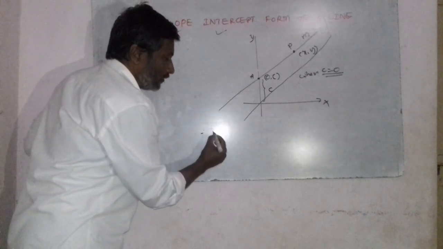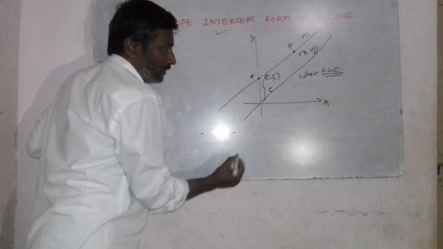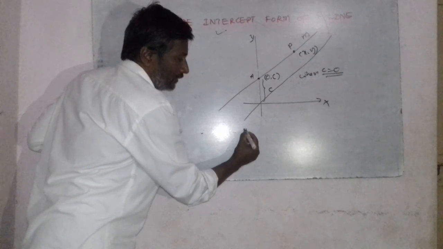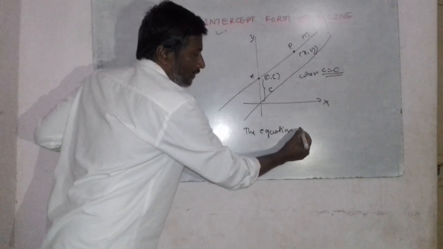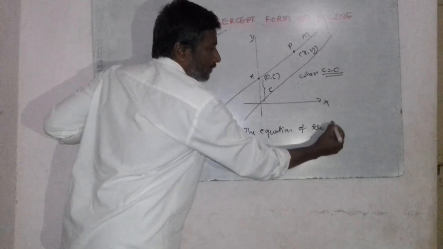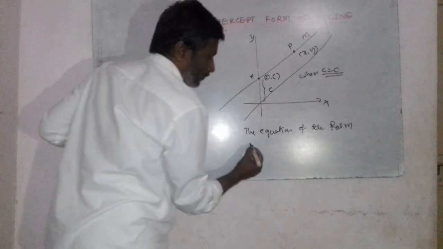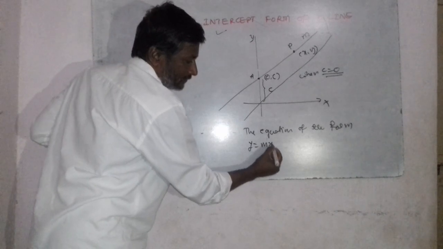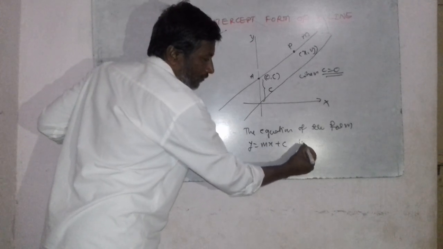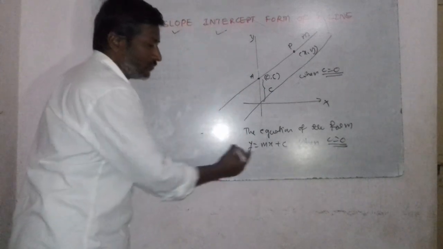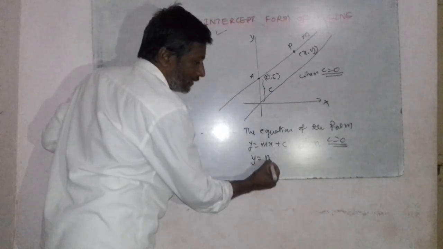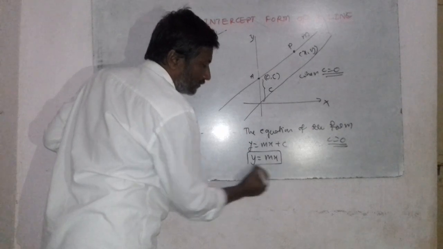So note here the equation of the form y equal to mx plus c, when c equal to 0, becomes y equal to mx.